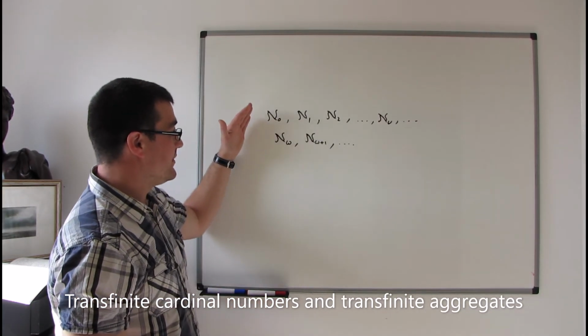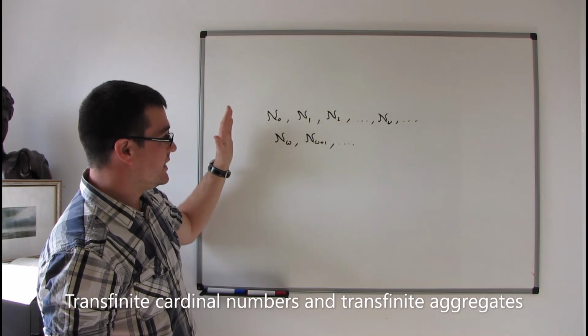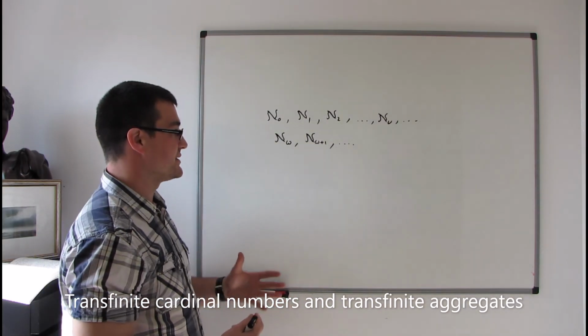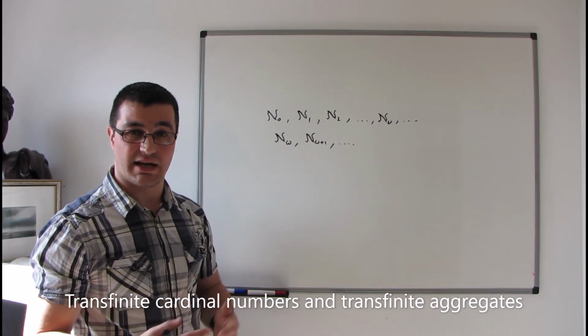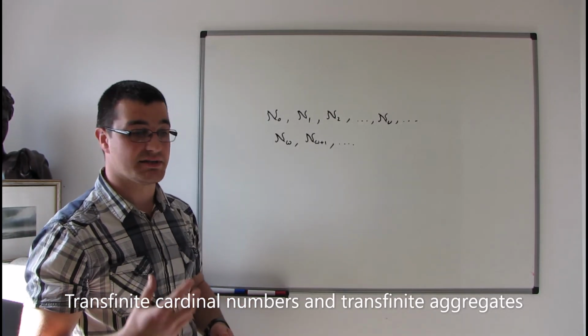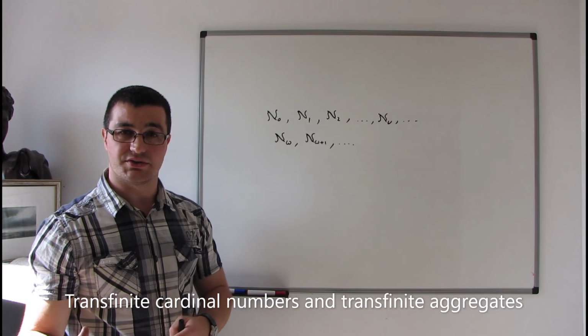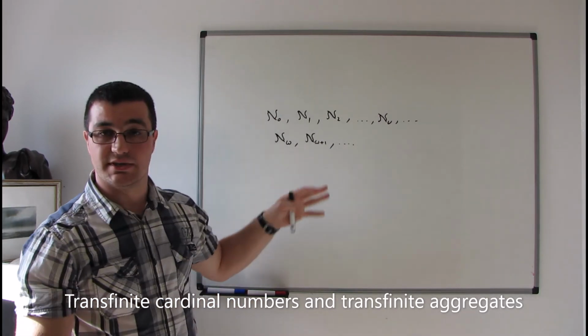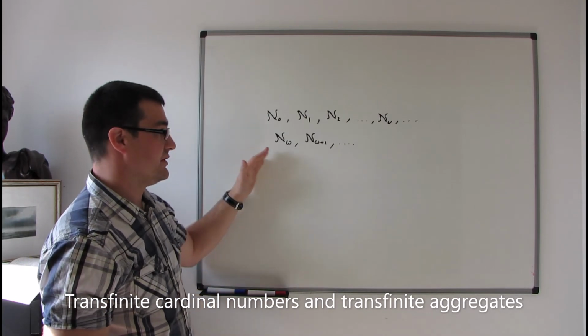So there are an infinite number of these transfinite cardinals, and this is what we're working towards developing in this theory. Although it's going to move more onto ordinal types and ordinal numbers, this does come into it as well further down the line.